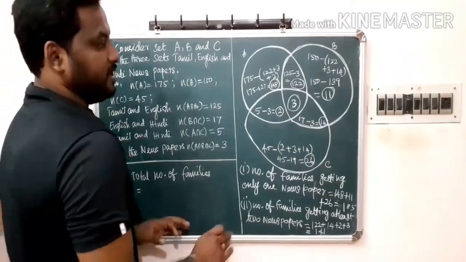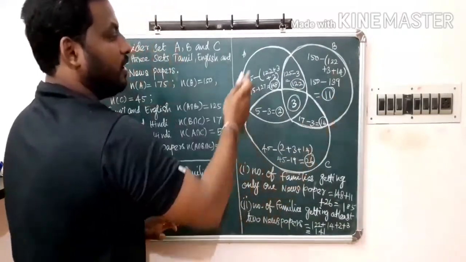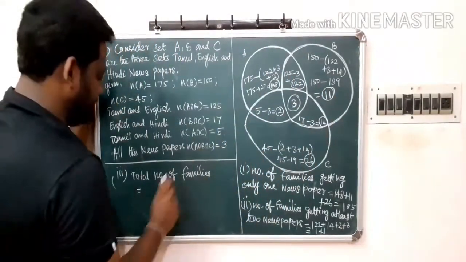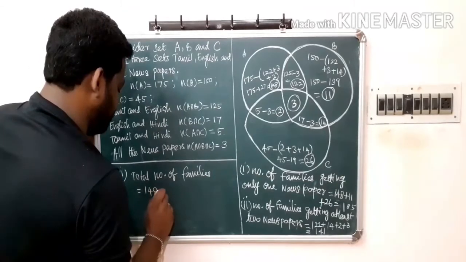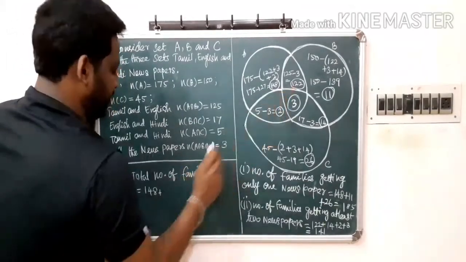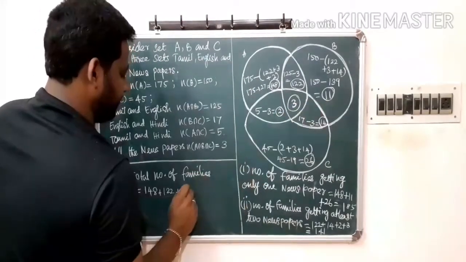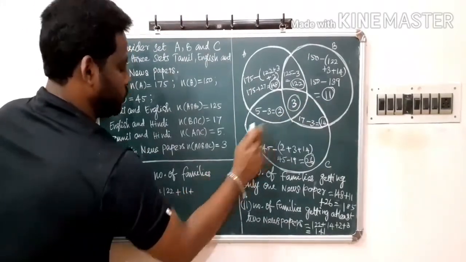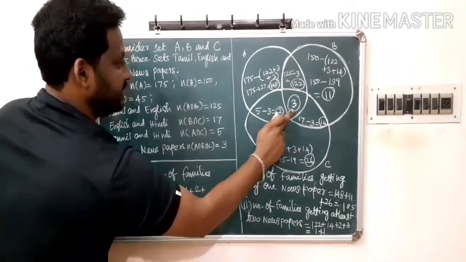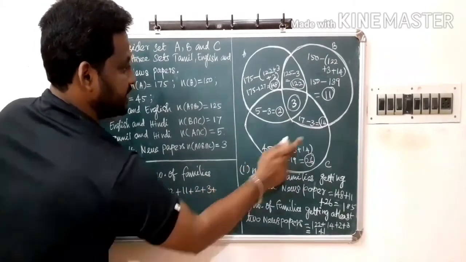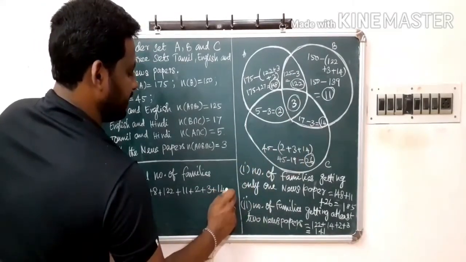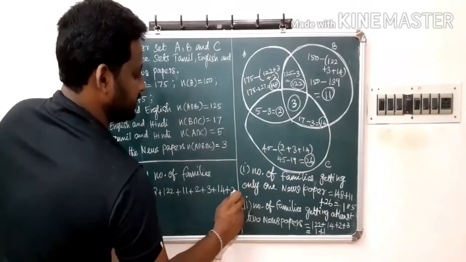So total number of families means we have to add all the values. 148 plus 122 plus 11 plus 2 plus 3 plus 14 plus 26.